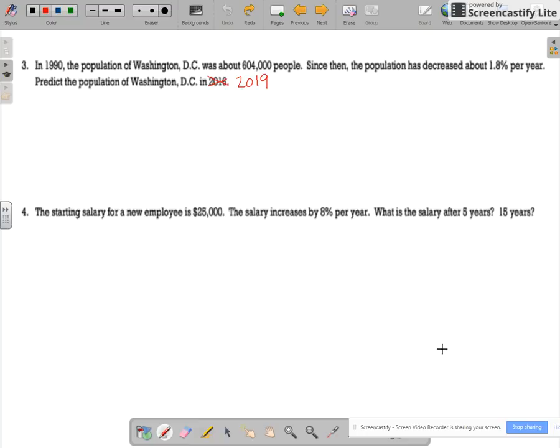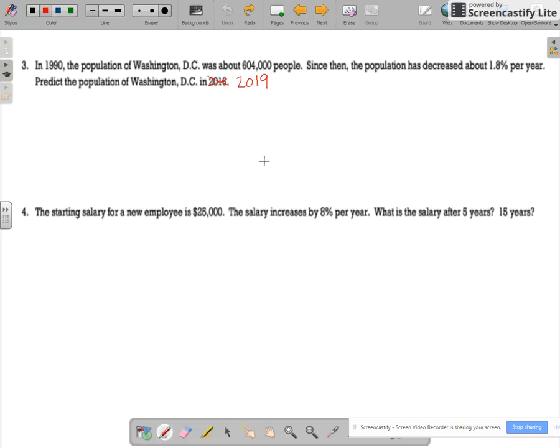So example number 3. In 1990, the population of Washington, D.C. was about 604,000 people. Since then, the population has decreased about 1.8% per year. Predict the population of Washington, D.C., and instead of 2016, because we could easily look that up, let's look at 2019.